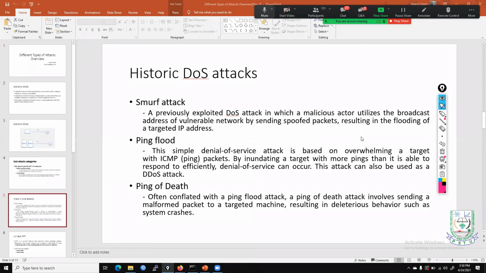So we already learned how the smurf attack and the ping of death attack happen, right? And there are lots of other attacks we can see nowadays in our networks, like HTTP flood attacks, SYN flood attack, UDP flood attack, ICMP attack, right?